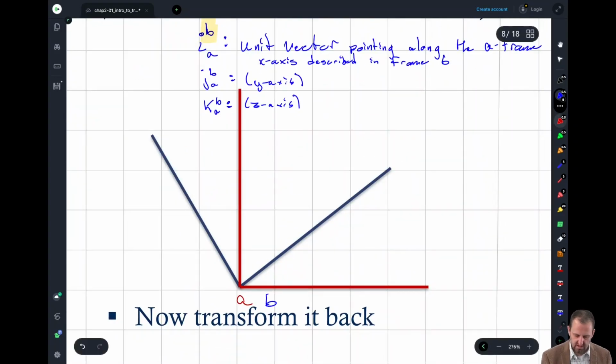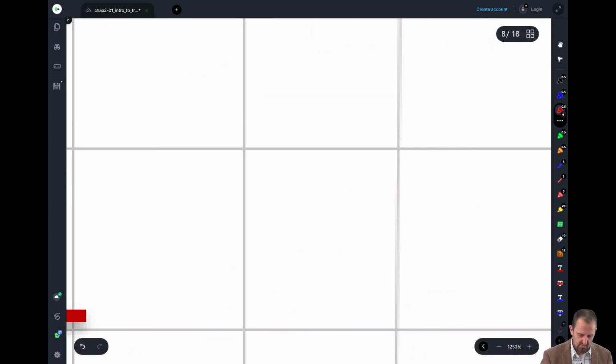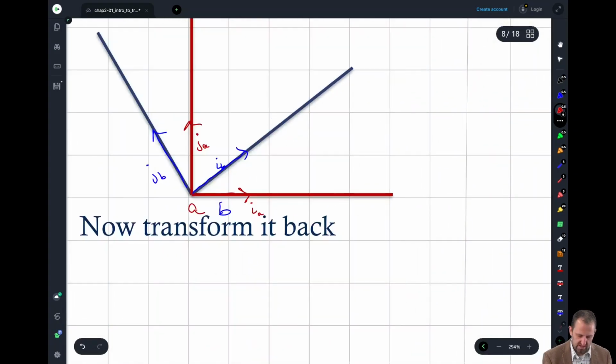In this case, for frame A, this vector will be our I, and we'll call it I sub A. This vector right here would be our J sub A. Now for our B frame, we'll describe this vector as I sub B, and this vector as J sub B. Now it's important to note, I used the B as a superscript here, but we can write these in either frame.